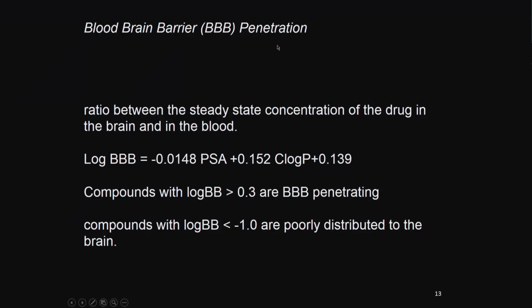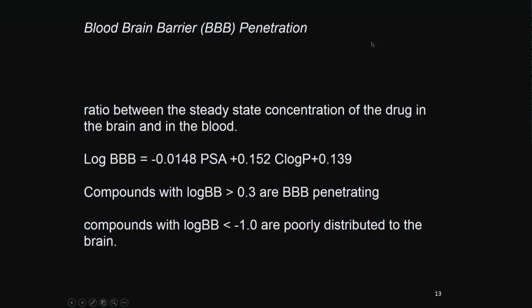There are rules by which we can think of designing molecules which can be BBB penetrating or not. For example, the ratio between the steady state concentration of the drug in the brain and in the blood, that is log BBB, is given by this relationship. PSA is the polar surface area, log P is the hydrophilic balance.